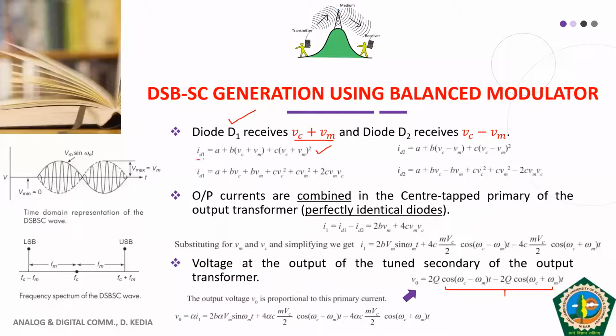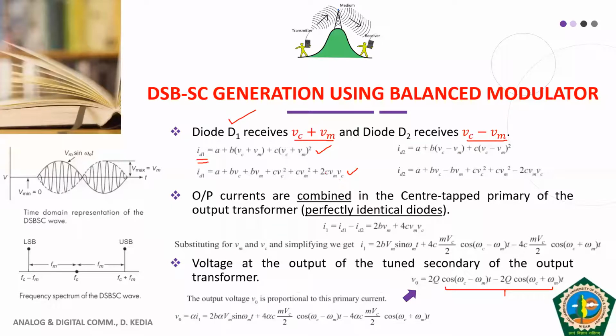So ID1, the current through diode D1, is equal to A plus B times (VC plus VM) plus C times (VC plus VM) squared. And if you open it up, you get ID1 like this. Similarly, your diode D2 receives VC minus VM.